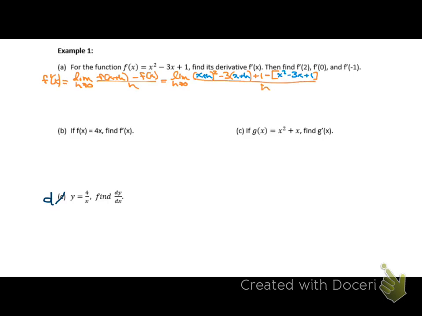Now this is going to take some simplification, right? The first term, x plus h squared, is going to have to be double distributed.